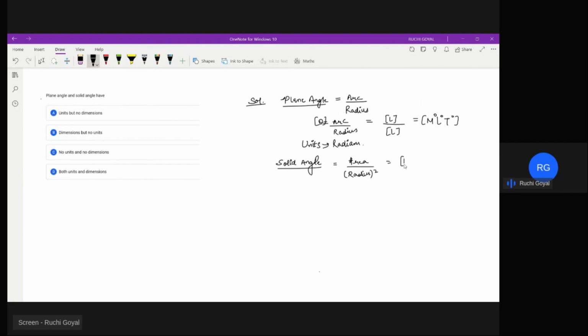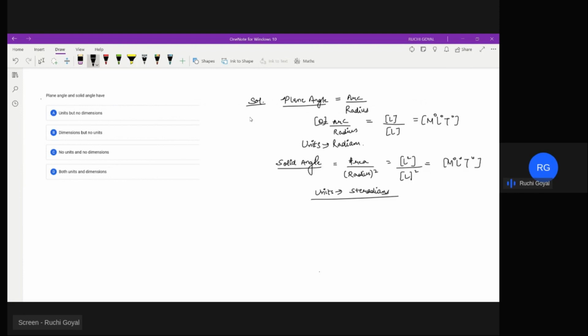So area is L square and radius square is L square. So it will be M0, L0, T0 again. And what are the units of solid angle? It is steradian. So this steradian is the unit of solid angle.